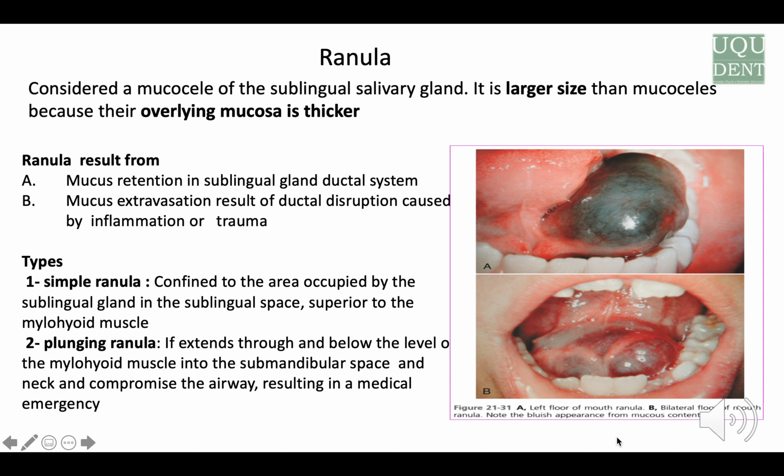The type could be simple ranula when it's confined and occupied by the sublingual gland only in the sublingual space, superior to the mylohyoid muscle. When it extends through or below the level of the mylohyoid muscle and goes to the submandibular space and the neck and it could compromise the airway, it's called plunging ranula.